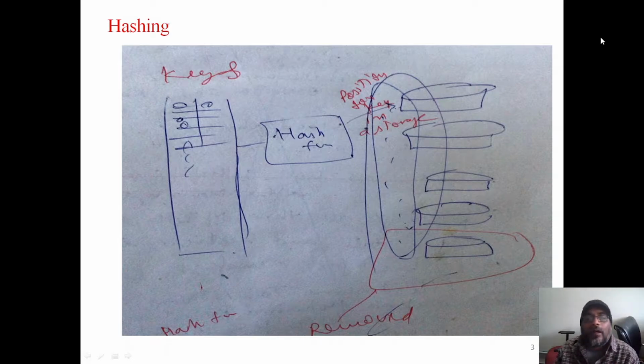But suppose what will happen if one node is removed from this cluster? The problem may be that we have to reassign all the data values, because now the hash function has changed, since it has a lesser number of values than the hash function generated earlier.